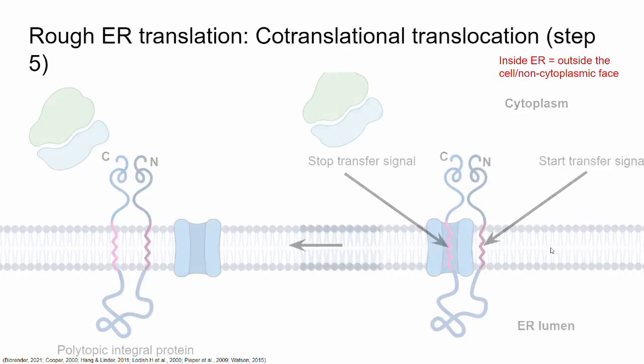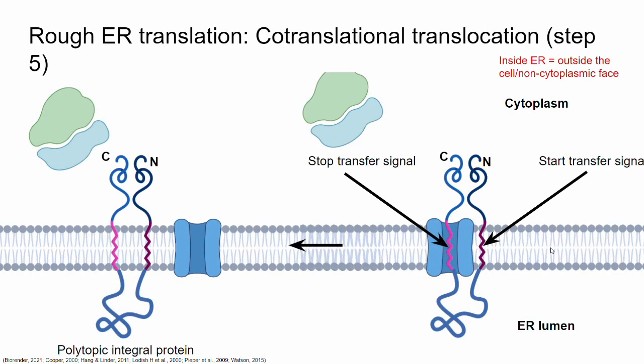Now, another possible outcome for step number 5 in cotranslational translocation is this one. Here, we have a start transfer signal, or a signal peptide. After the signal appeared, the ribosome protein complex was transferred here.